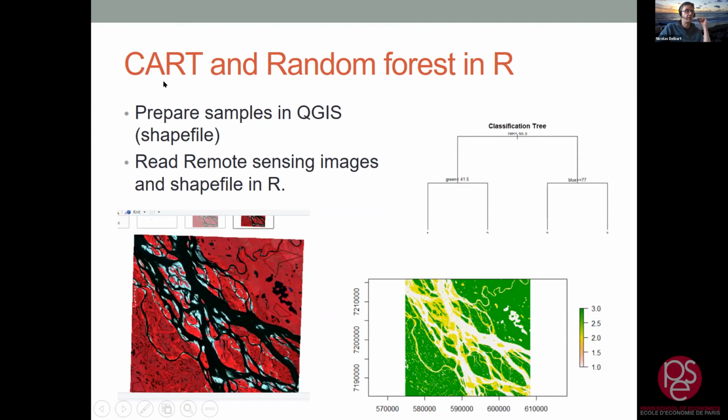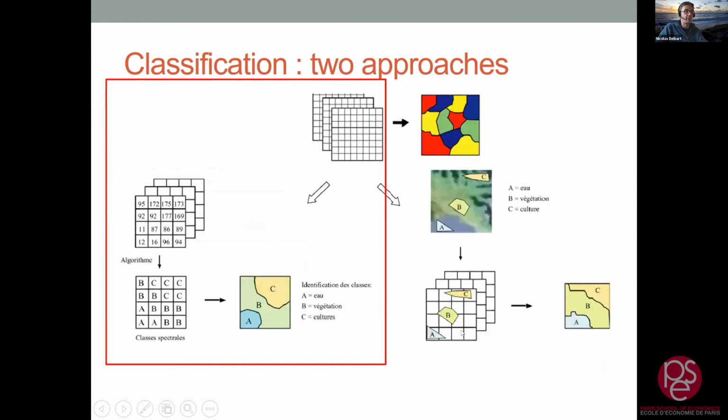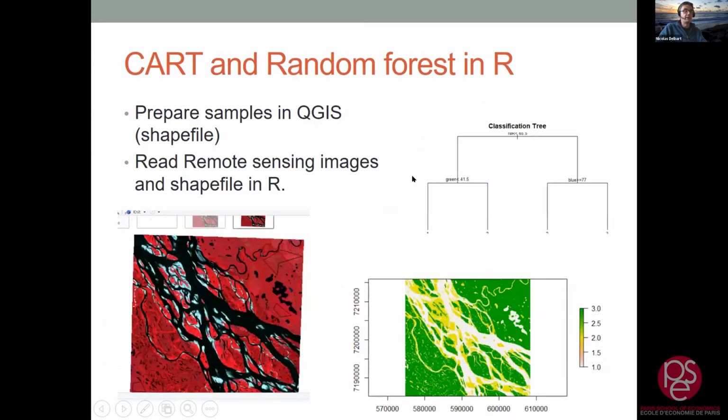For these two algorithms, CART and random forest, you can do it very easily in R. As I said before, I use QGIS to draw the samples. I read the images and these samples with R. I can make a decision tree and apply it to a map. Here is a decision tree, and the map here has been produced in this case with a random forest.